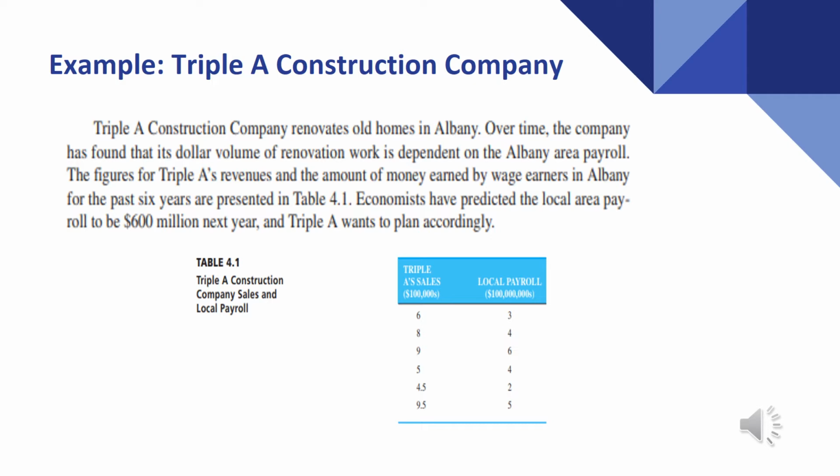So in this particular case, we wanted to know the relationship between AAA's sales in relation to the Albany area payroll. So now we can identify that our independent variable is the local payroll, while our dependent variable is the AAA's sales.